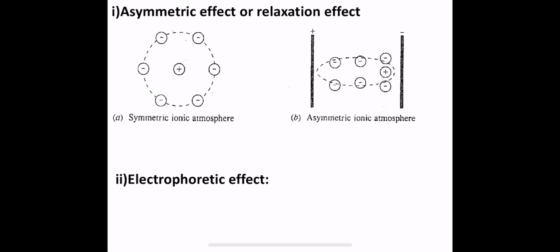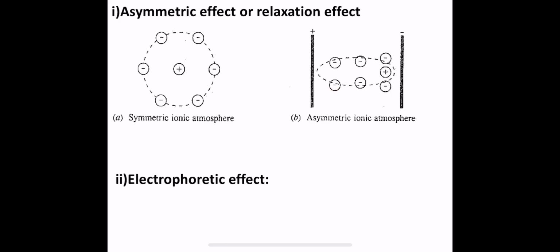The positive ion moves towards the cathode and the negative ionic atmosphere moves towards the anode, as shown in this figure B. Now a large number of negative ions are found on the anode side.